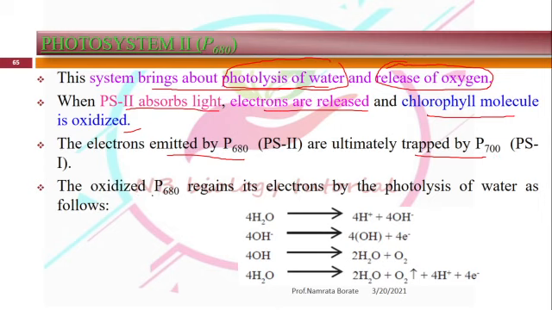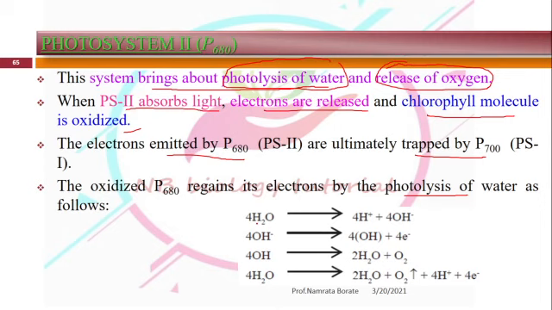The oxidized P680 regains its electron by the photolysis of water. How does this photolysis of water happen? It is due to the emission of the electron. The pigment system two, that is photosystem two, enters into an ionized state, so a stress is created on photosystem two.